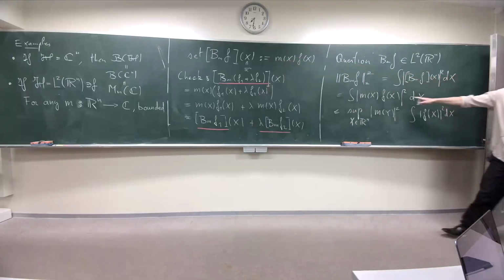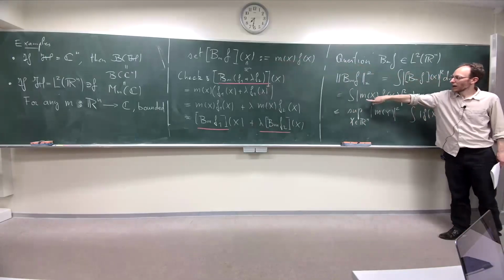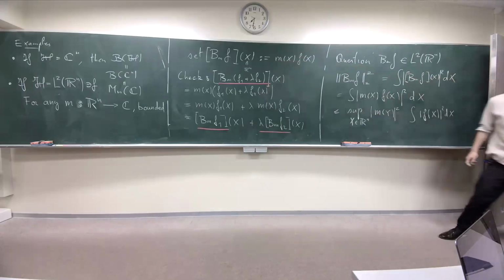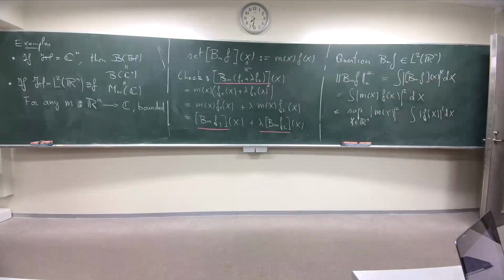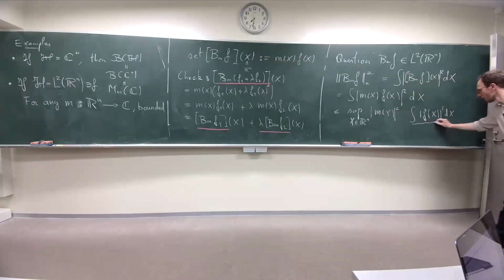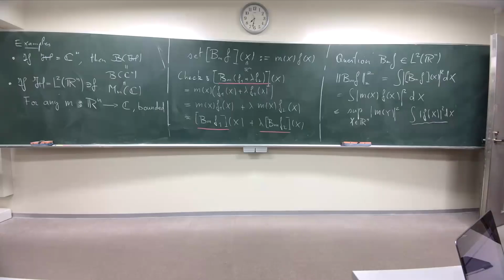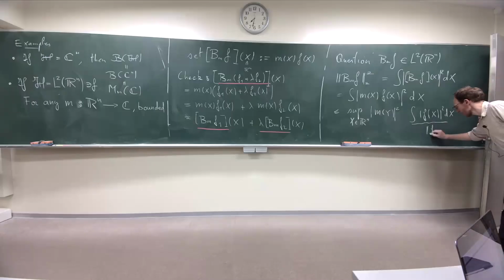You should know this. You have an integral, you take the maximum value of this guy, and you take it outside of the integral. You can check. And what is this number here now? This is nothing but the norm of f squared, right?